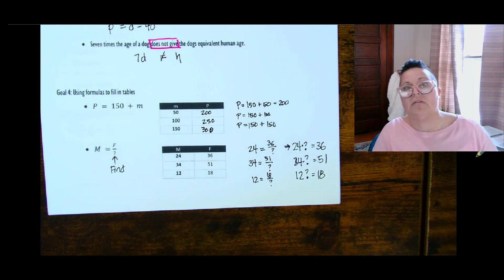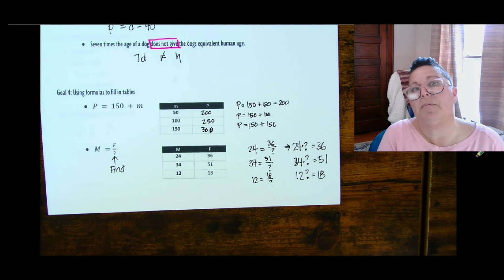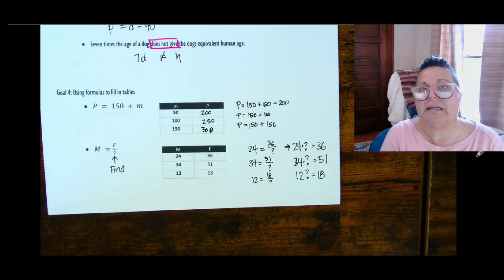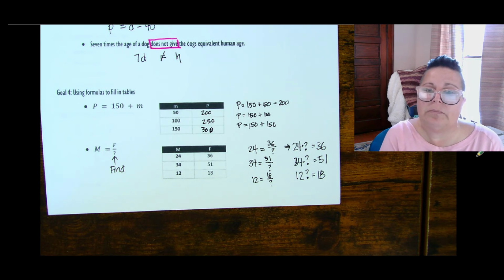So how do we figure that out? Well, a couple of things. I know 24 times 1 is just going to give me 24, and that's too small. I need 36. I know 24 times 2 gets me 48. I needed 36. So it's somewhere between 1 and 2.